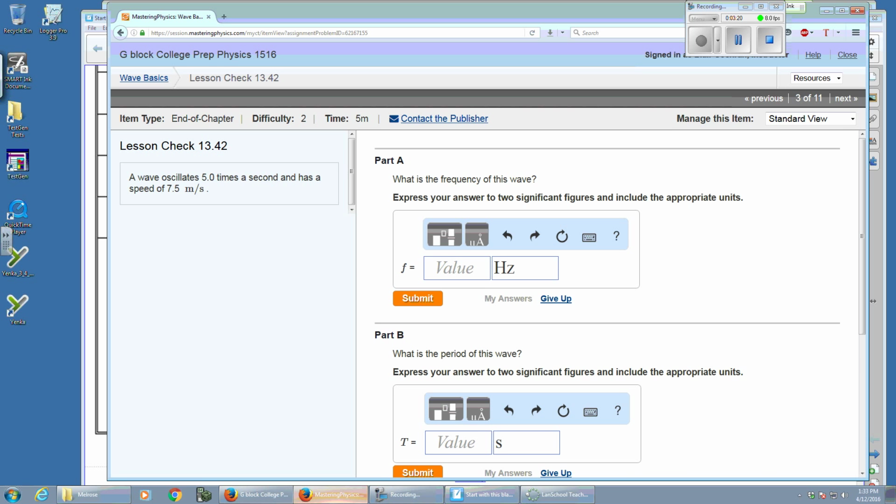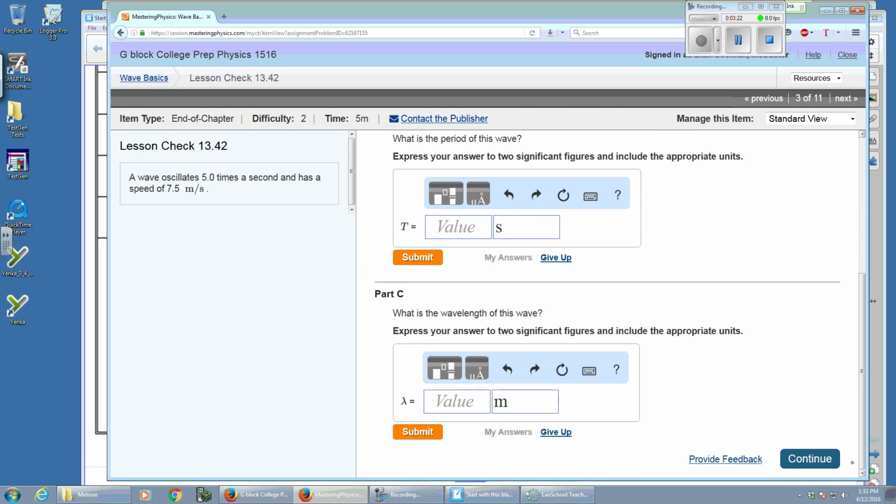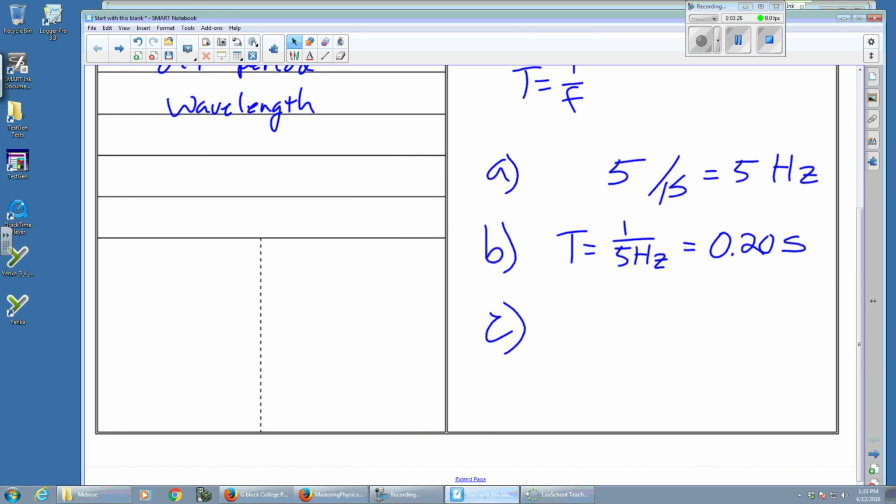And then the last thing says, what is the wavelength of the wave? So I'm going to use that v is lambda f. I can also write that as speed equals lambda over period, right? I can bring those two together. So I have a speed of 7.5 meters per second.